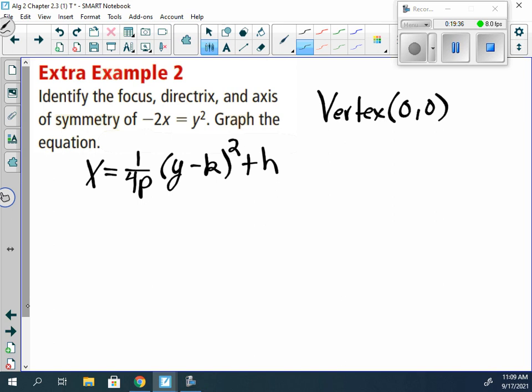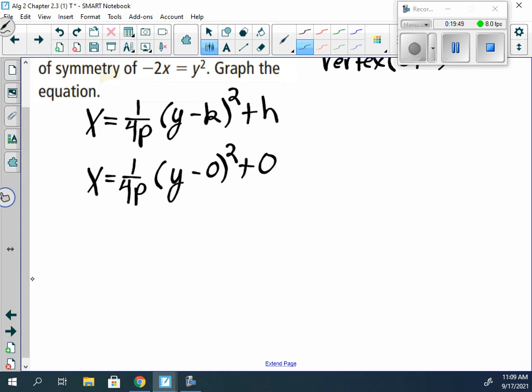But we do know that h and k are both 0. So when matching this up, we can go on and just plug those in. Because again, we're plugging these in to really see what does the equation look like that we're going to be matching this up with. So since the vertex is 0, 0, we're really just sticking with this here.